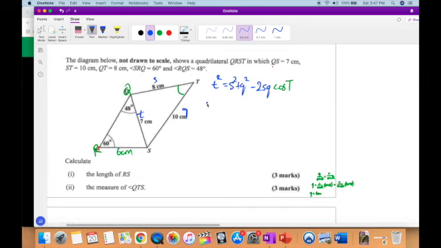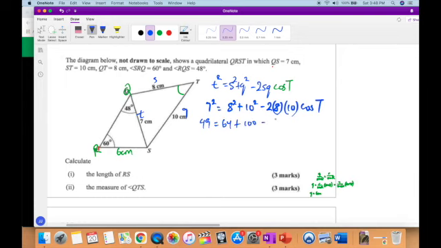So we can see here that T is 7 squared is equal to S is 8 squared plus 10 squared minus 2 times 8 times 10 cos of T. So 49 is equal to 64 plus 100 minus 20 times 8 is 160 cos T. So now I have, let me just take this and fling it over.